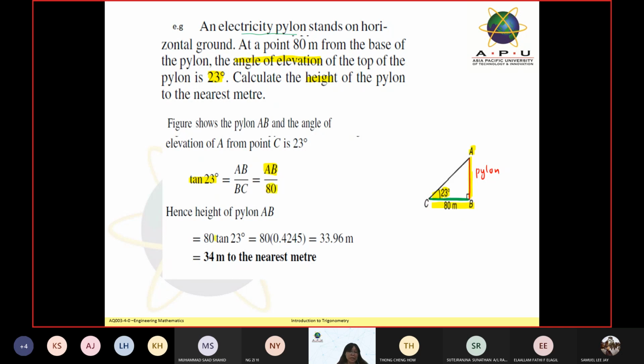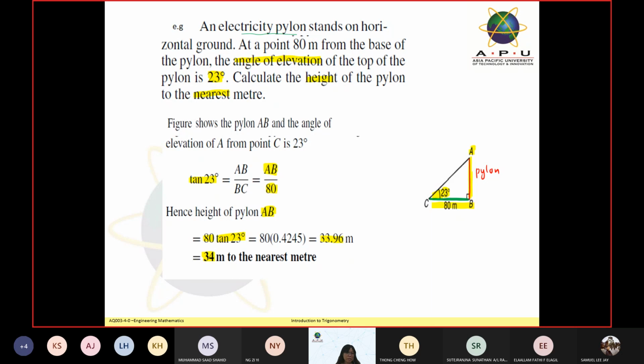From here we can solve for the value of AB. So AB is 80 multiplied by tangent 23. Tangent 23 times 80 gives you 33.96. But the question asks for the nearest meter, so you can write it as 34. Can you understand this problem, how it relates to angle of elevation?